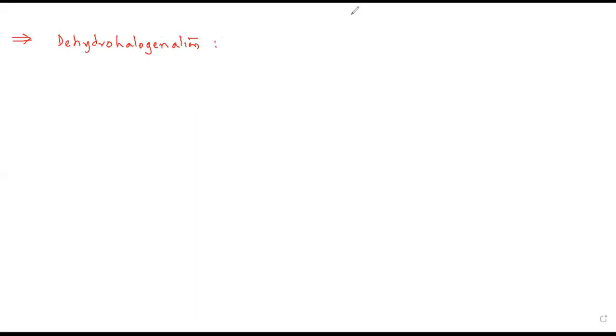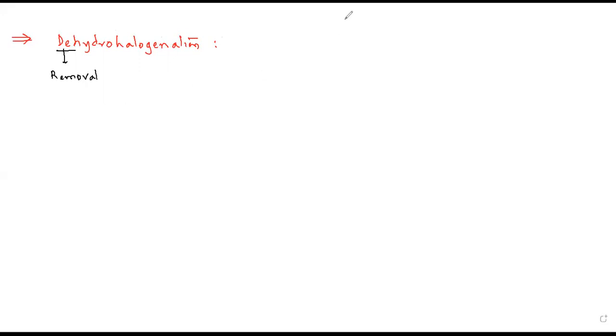See, even in this case, it is the removal of hydrogen and halogen atoms from the adjacent carbons. Anyway, this is E2.